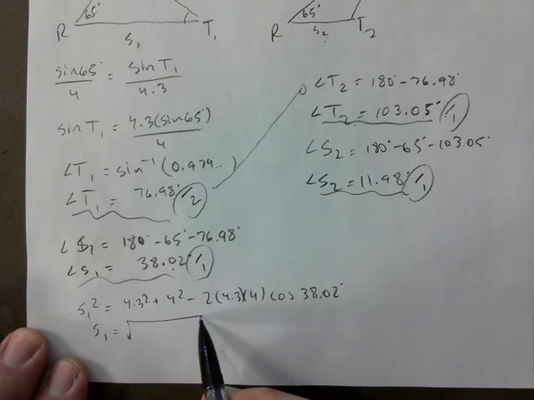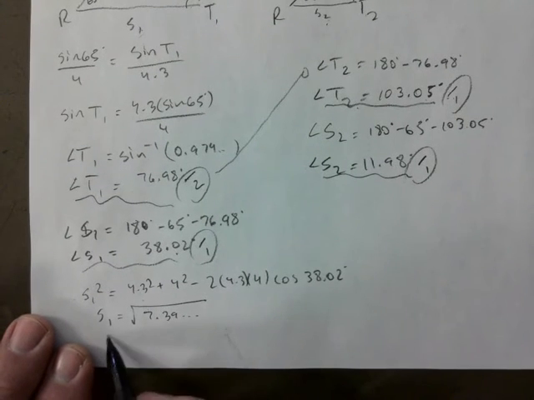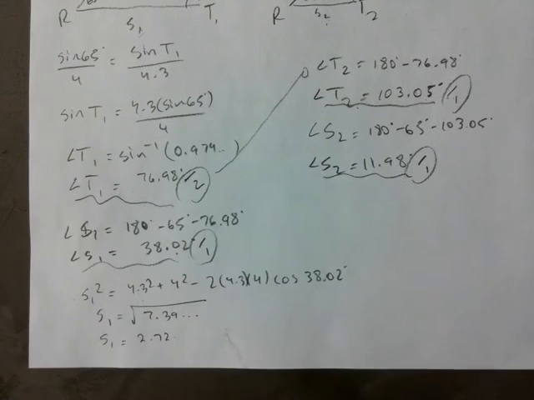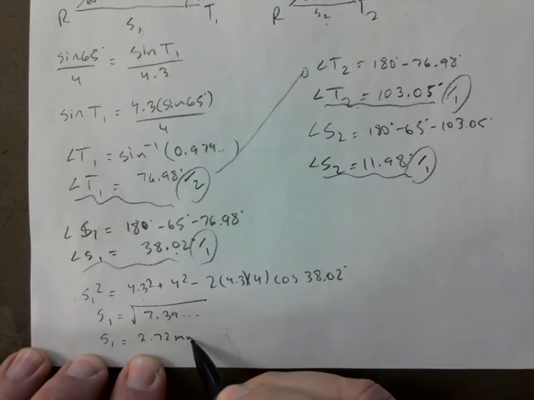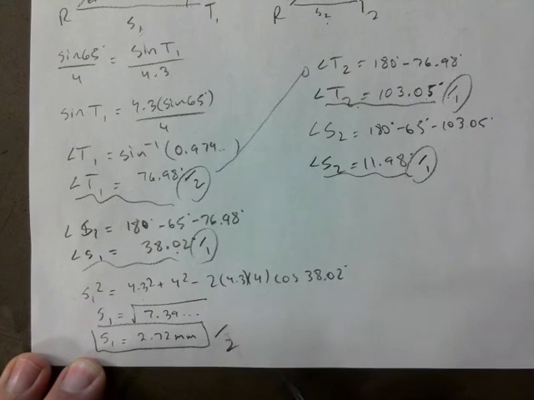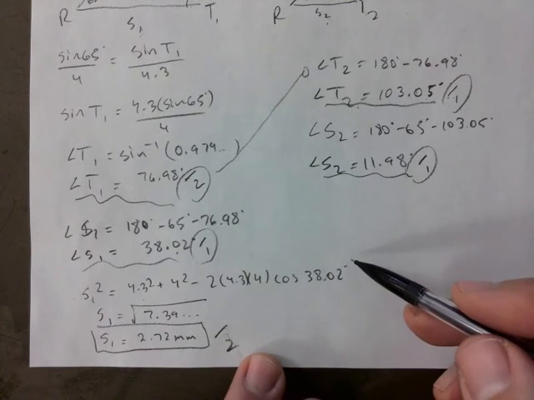You take the root of that, that's 7.39 dot dot dot. S1 is 2.72 millimeters. So that would be worth 2 marks the first time. And then for the next one, we'll just give you 1 mark today.